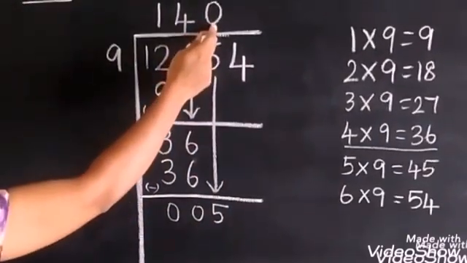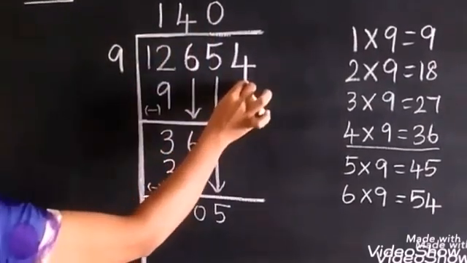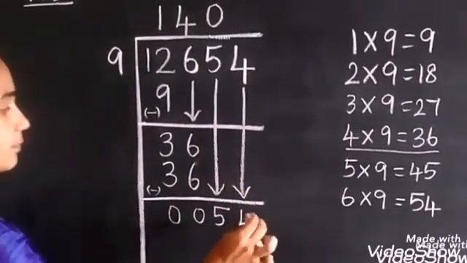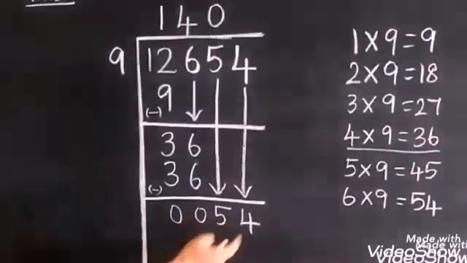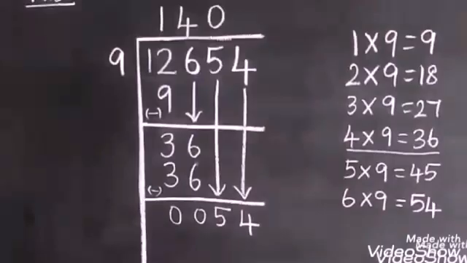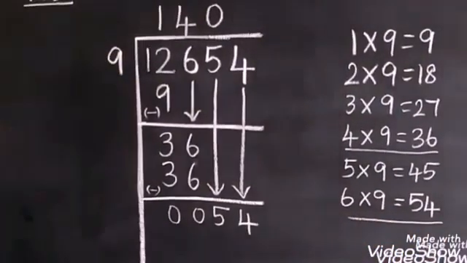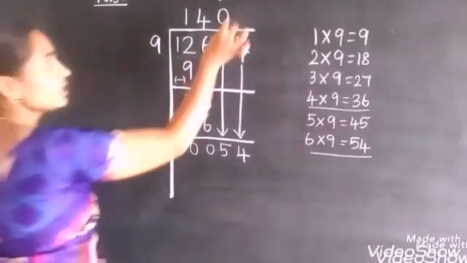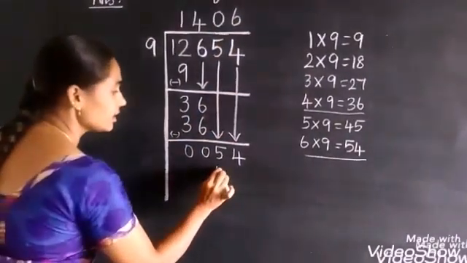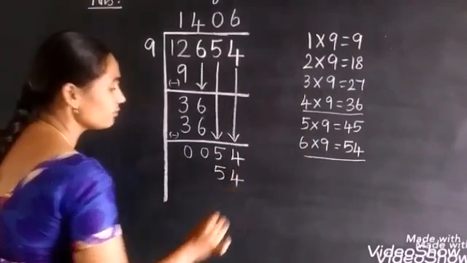Then we have to take the next digit. 54 in the 9 table, how many times? Yes, 6 9s are 54 in the 9 table. In the quotient place we write 6, and here we write 54.